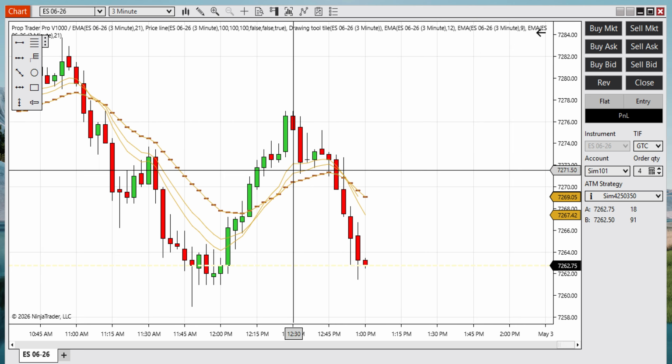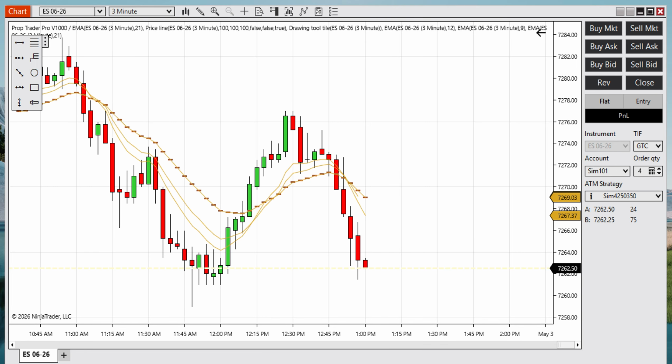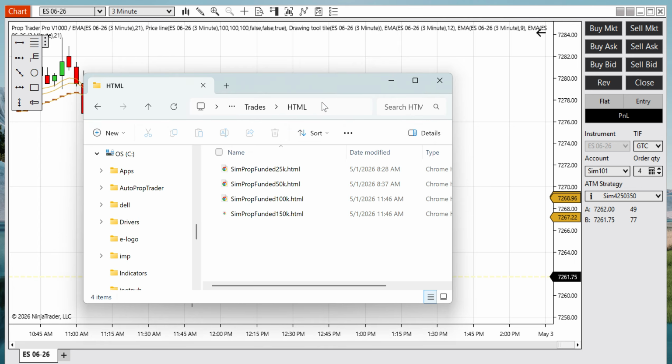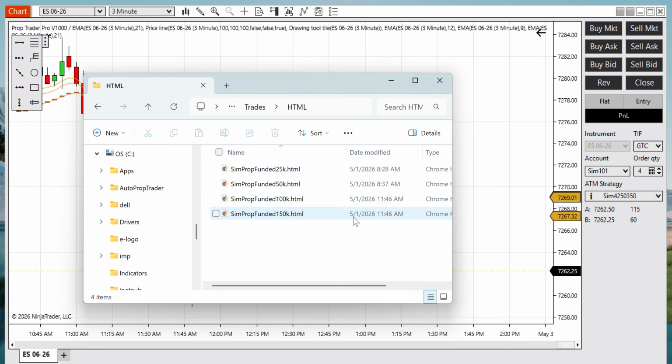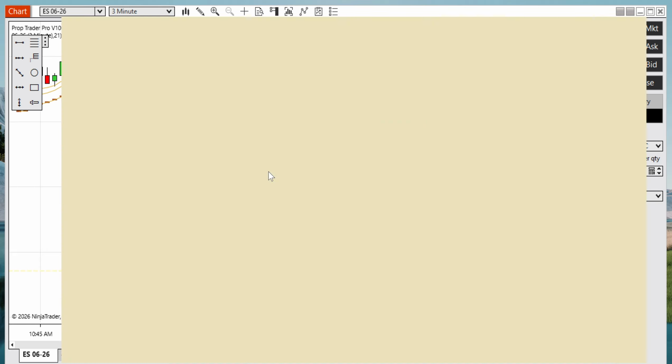Right now, if you see, it has taken many trades. One easy way to see the results quickly is to go to your trades folder, HTML folder. So you can go to this folder: C, PropTrader Pro, trades and HTML, somewhere similar to this.